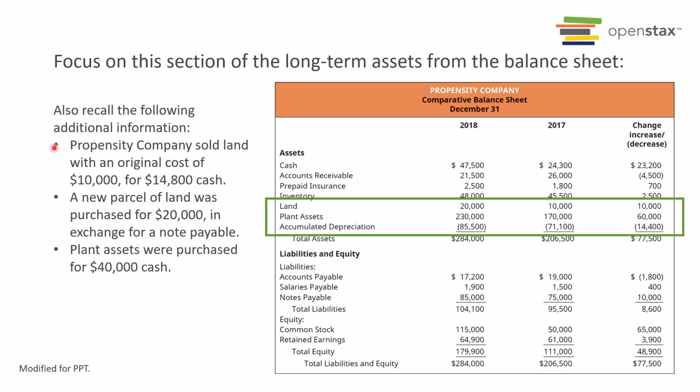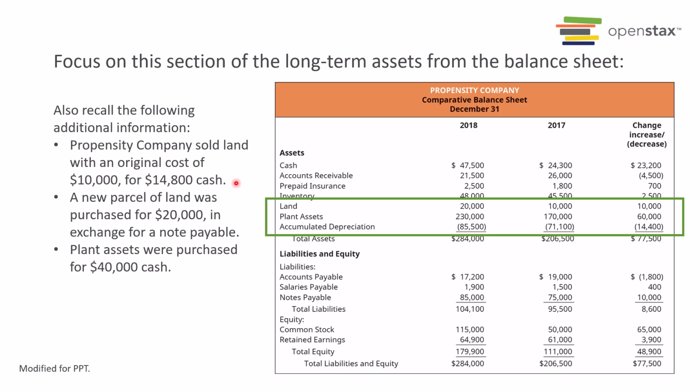So we have a few that we're going to carry with us. Propensity sold land. It had an original cost of $10,000 and they sold it for $14,800 cash. This sale item is called the proceeds.